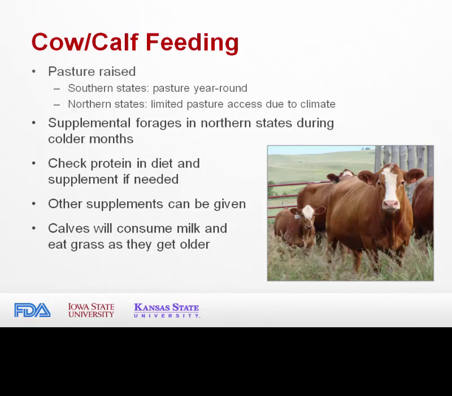Other supplements that may be given to cows and calves include grains, minerals, and salt. When calves are born, they will primarily consume milk from their mother, but will start to nibble on grass and other feedstuffs as they grow. The quality of feed the cow consumes will directly determine the quality of milk she produces for her calf.